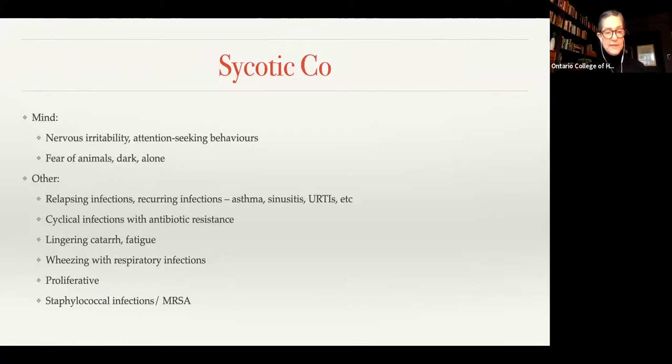Lingering catarrh and fatigue, wheezing with respiratory infections, proliferative infections, and very strongly indicated in cases of staphylococcal infection and MRSA. MRSA, of course, being an antibiotic resistant staphylococcal infection.